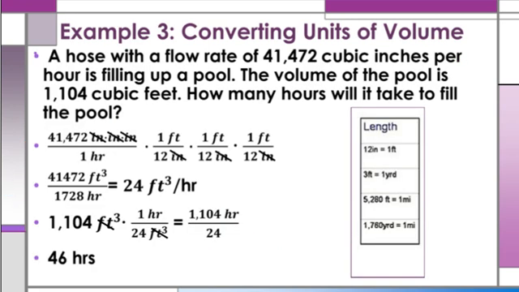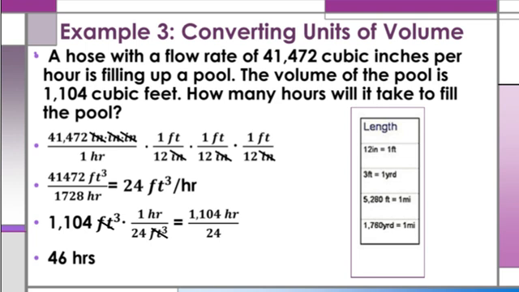Next example is converting units of volume. This one, they're filling up a pool. They want to know if it flows at a rate of 41,472 cubic inches per hour, how long would it take if the volume of the pool was 1,104 cubic feet?